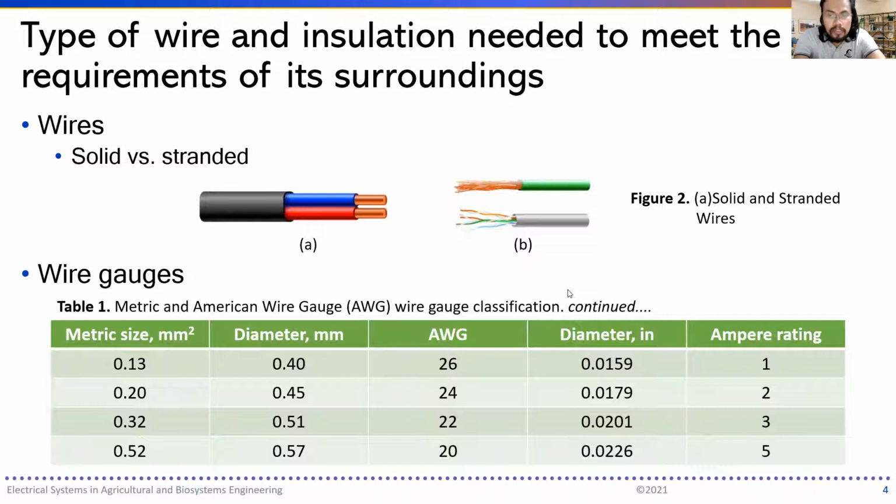The American wire gauge is a nominal classification system, and as it goes down, the wire size increases, and likewise the ampere rating.